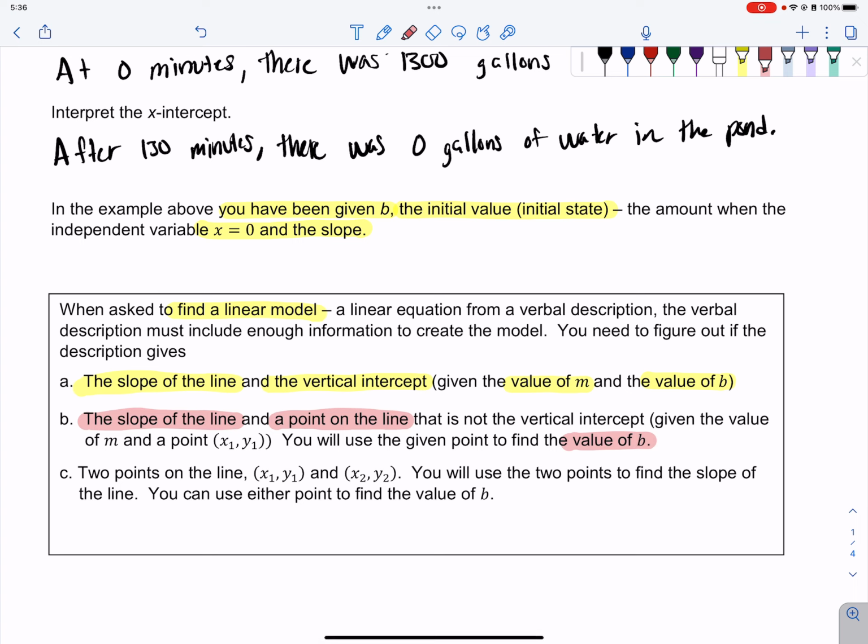We'll do that in the next example in the next video. And the last type of information that you might have is where you are just given 2 points, x1, y1, x2, y2. With that, you need to first find your slope using our equation for slope, and then you can find what b is with the process of the last one that we'll do.